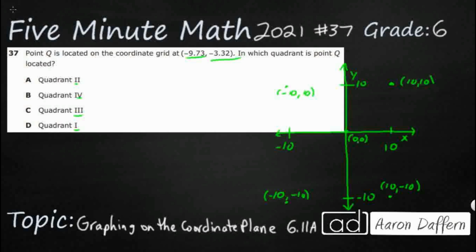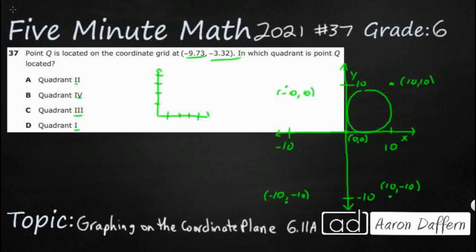Well, here's one thing to remember: where did we start when we started graphing in 5th grade? Because everything starts from there. And we started right here in this quadrant. So remember when we first started graphing in 5th grade, it kind of looked like this. Everything was positive, and we didn't really worry about it too much. We just had to figure out what the coordinate plane looked like.